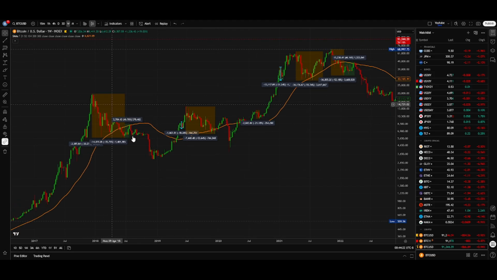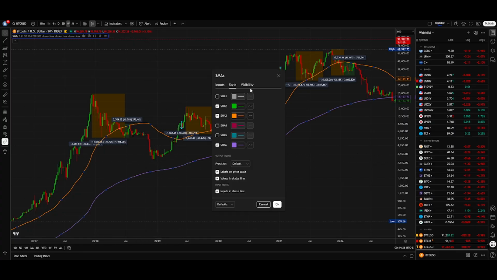So if you look back here at 2018, obviously Bitcoin did about a 70% drop before it tried to rally up to the 50 SMA and get above it, before doing a 46% rally and ultimately getting rejected and going down to the 300-week SMA.